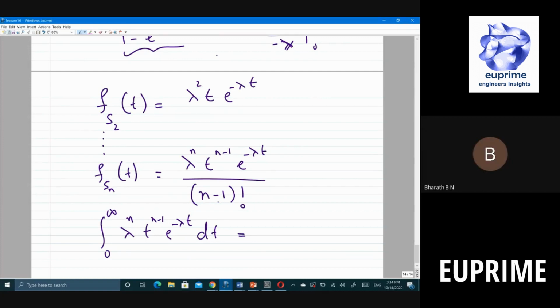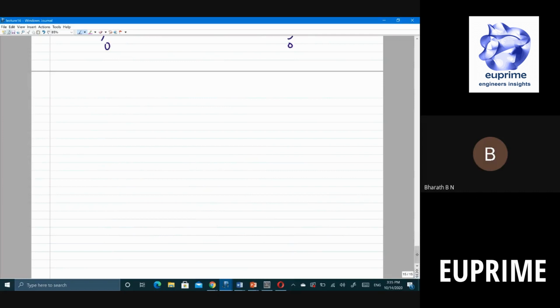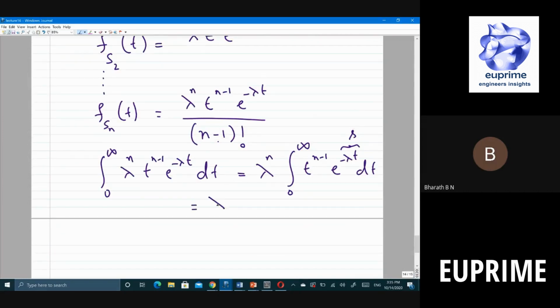So what will this be? This is lambda power n times the integral from 0 to infinity of t power n minus 1 e power minus lambda t dt. Remember, this is not gamma yet. I have to substitute, let's say lambda t is s.